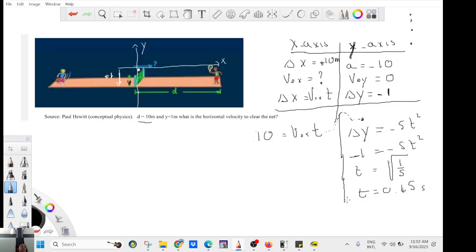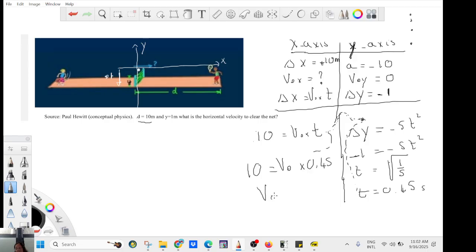Agree? So once you find the t, you go back through the tunnel here, and you say, here you go. So 10 equals the x component of the velocity times 0.45.